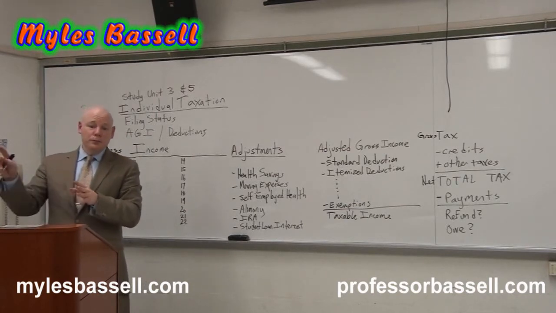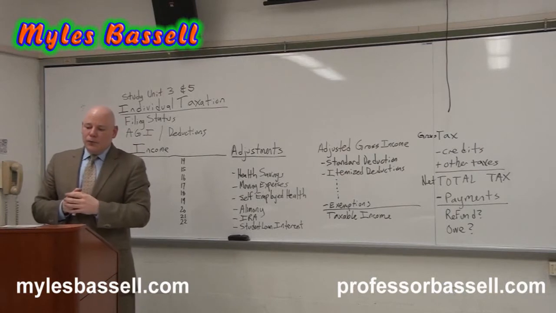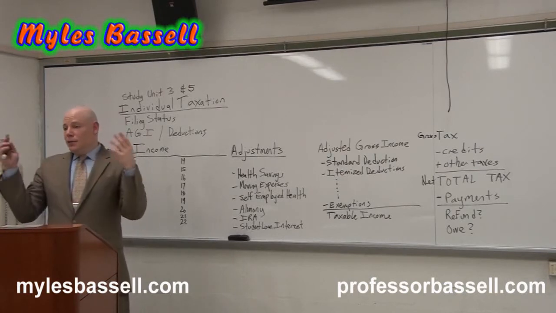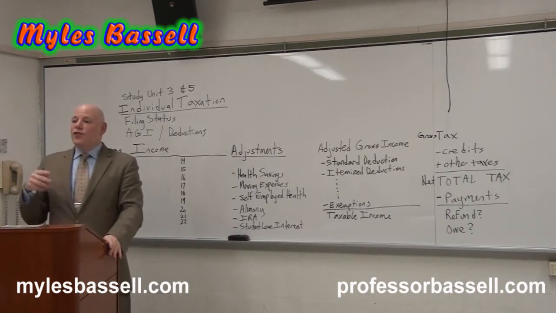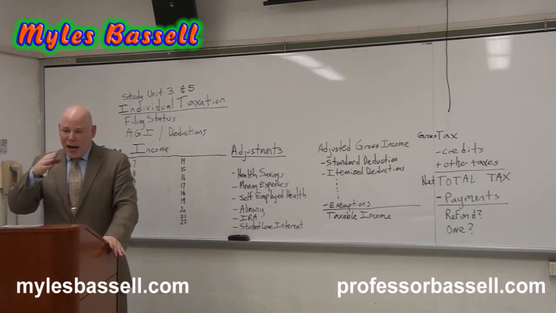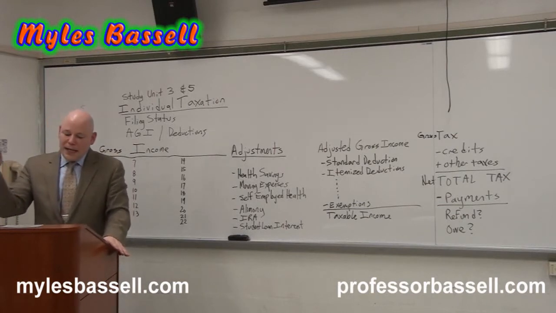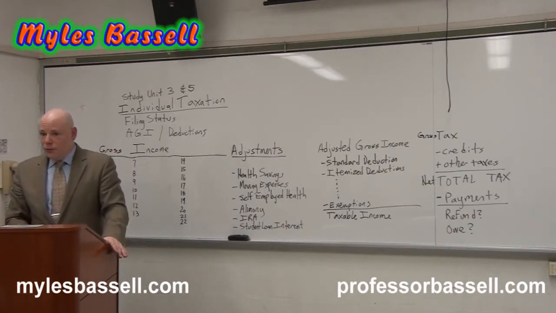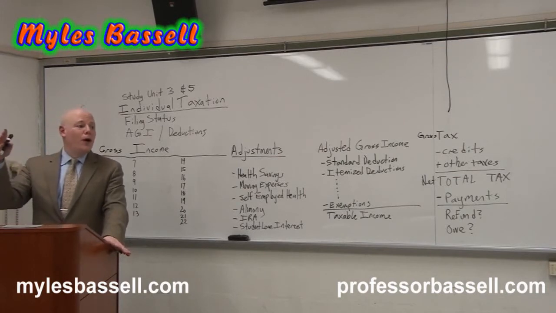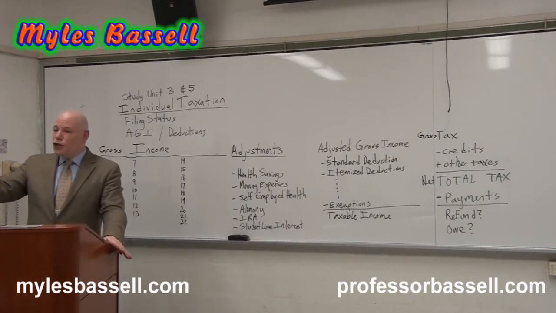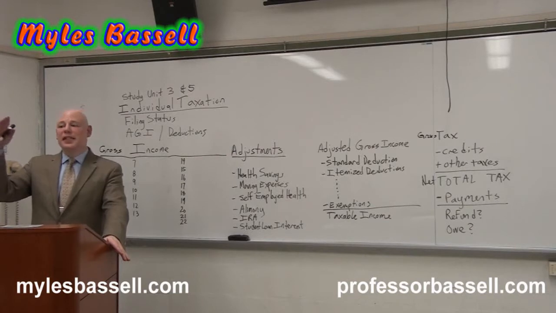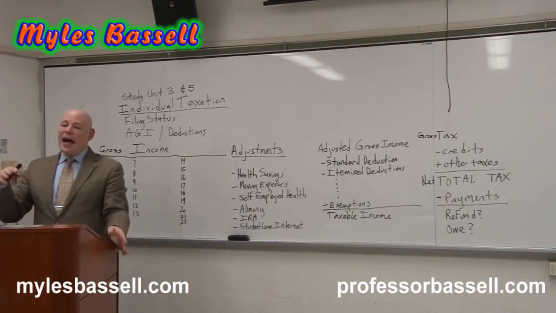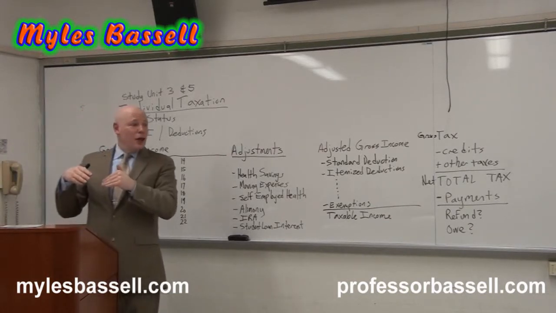So for example, let's say we collected $50,000 in rent. We have some expenses. Some of the expenses would be how much we pay in mortgage interest. So we're renting a property that we have a mortgage on. The money that we pay in mortgage interest is an expense for that property that we could deduct on Schedule E. So we have our income, and then we subtract our expenses.